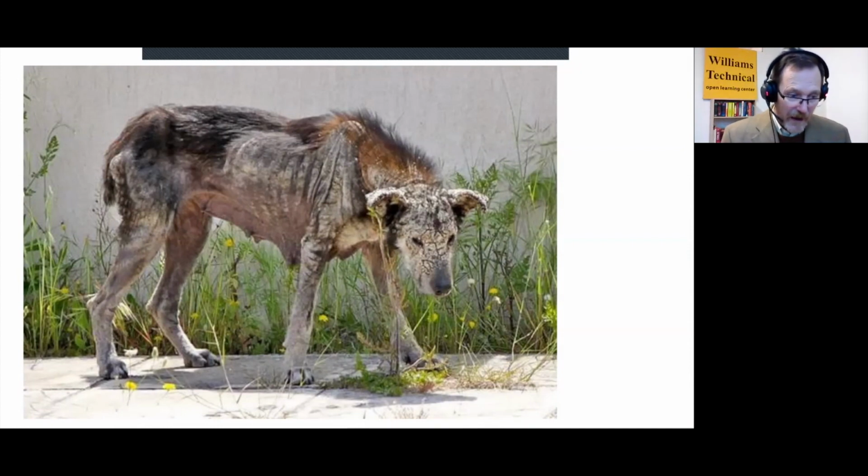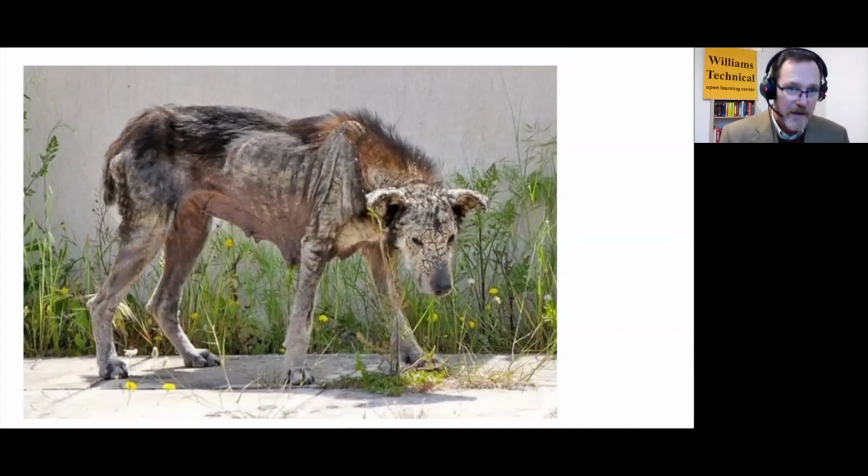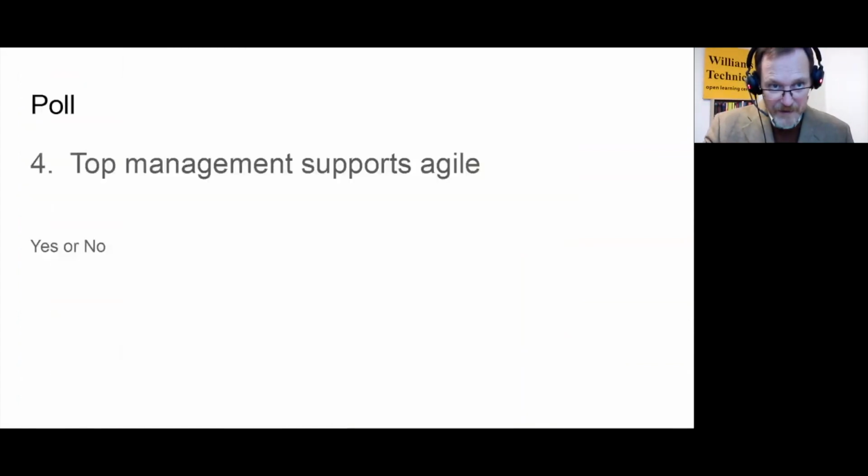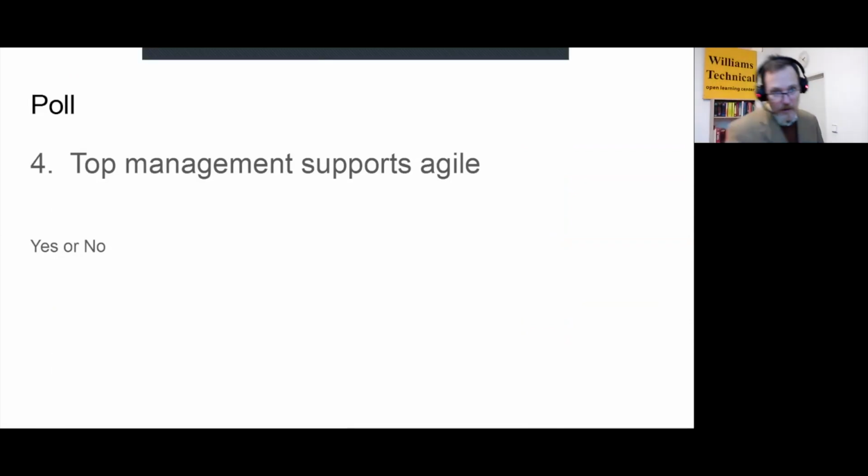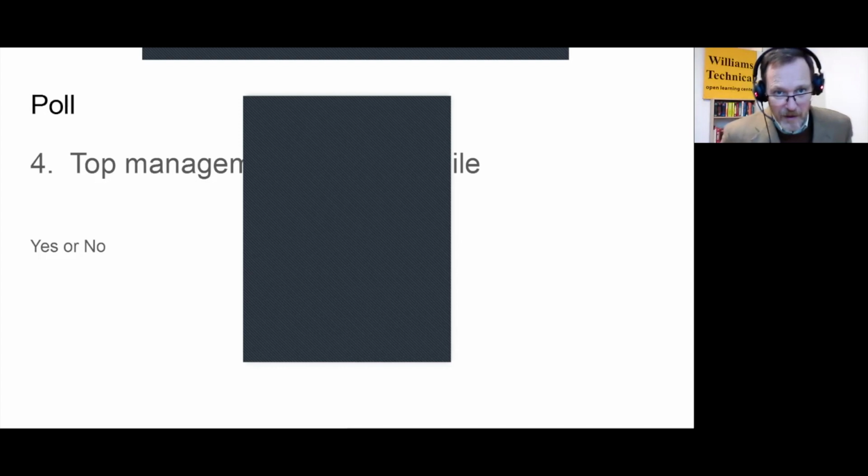You could starve to death trying to do agile if you don't have the support of management. You could be left out on the street, a homeless dog, and there's nothing more pathetic than a mangy, starving dog on the street. And that's what happens when management will give lip service to agility, but then doesn't genuinely support it. And that, of course, leads us to number four. Question number four: does top management support agility?